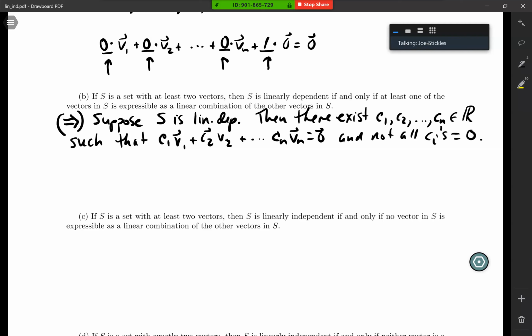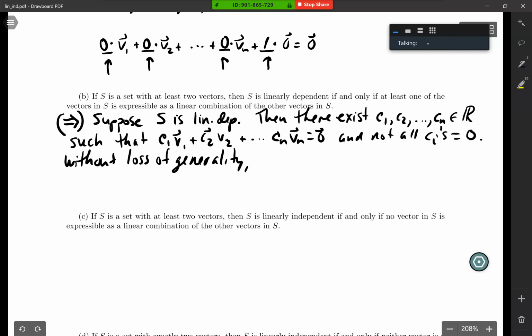And we actually have a word for that in mathematics. We say, without loss of generality, let's assume that C1 is not 0. Let me talk about this again.